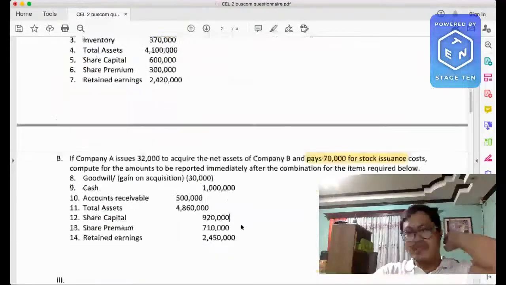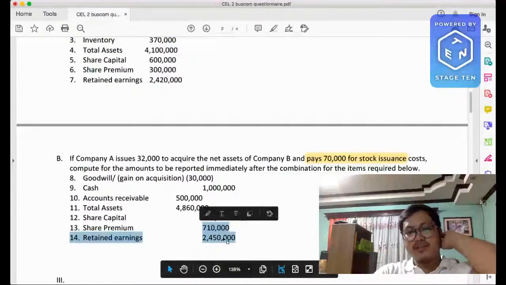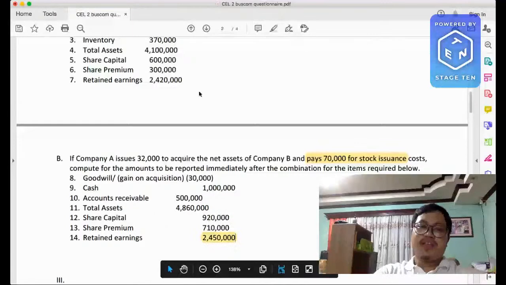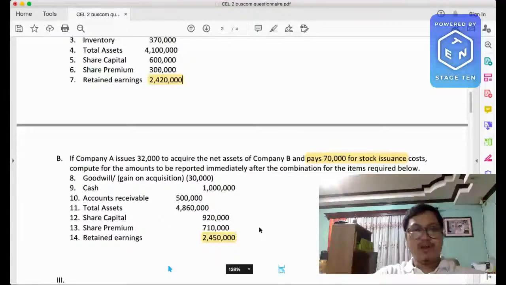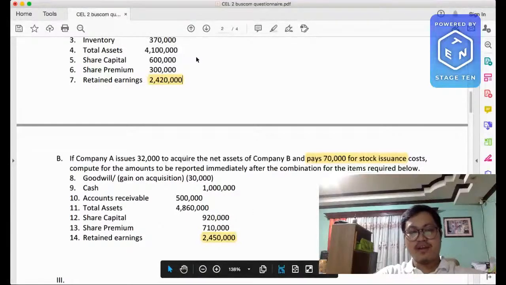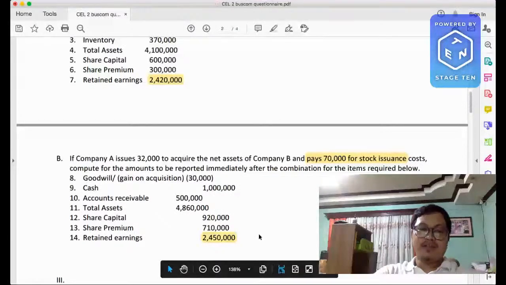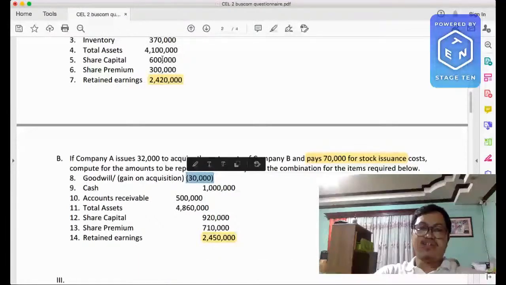Okay, but as you can see here, class, the answer is not the same as in problem A. The answer here is 2,450,000. Why is it not 2,420,000? Even though our formula or our solution is 2,500,000 minus 80,000. Because in problem B, class, the transaction resulted in a gain on acquisition in the amount of 30,000.